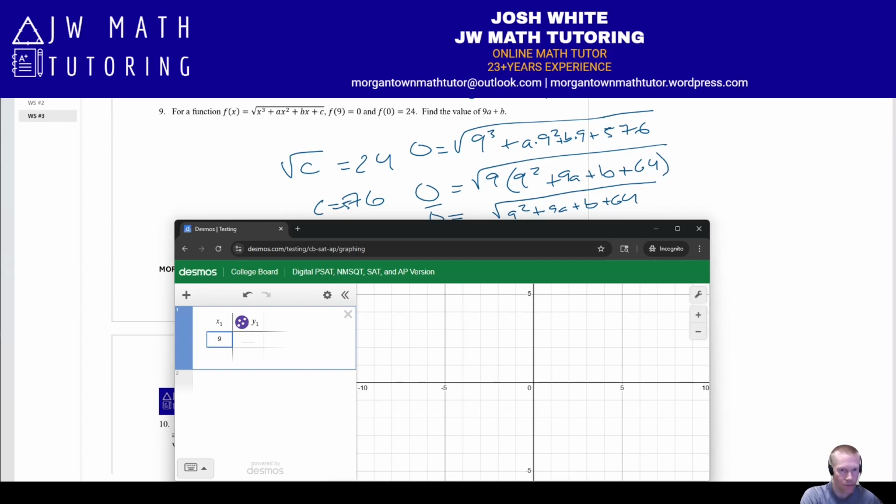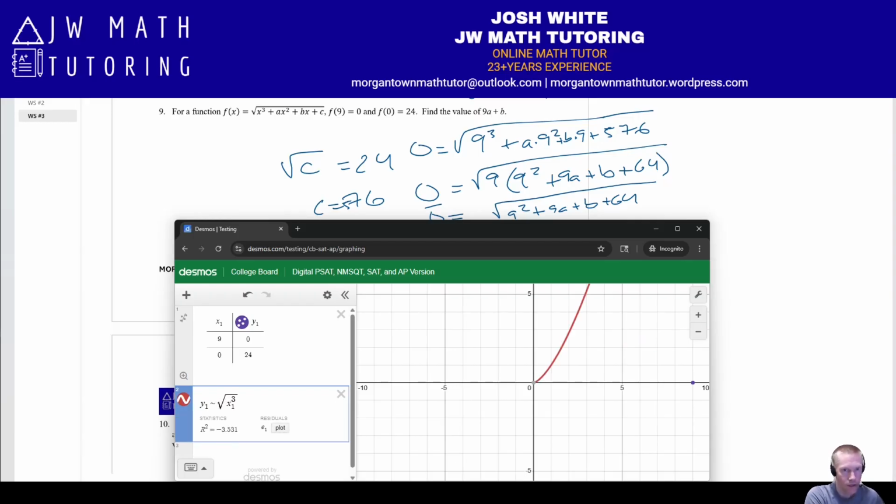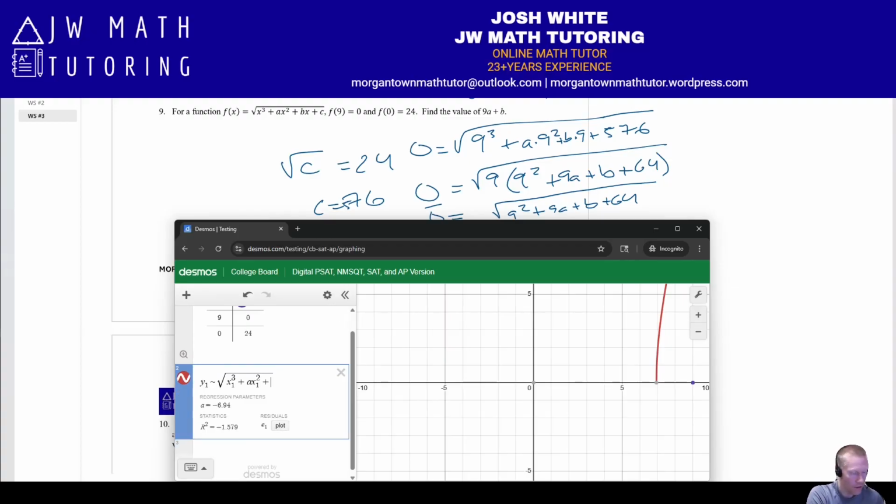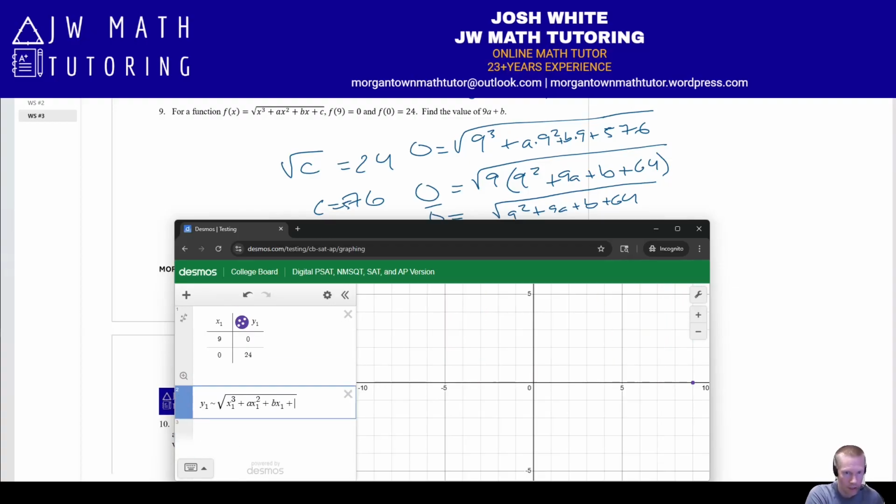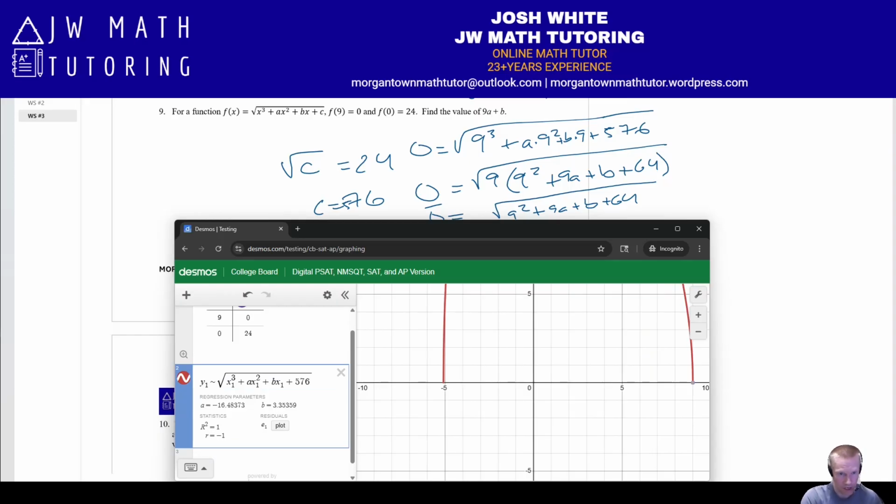I'm going to type in our 2 points to a table. Then I'm going to do a regression, plus ax1 squared plus bx1. It's only going to work if I replace C with what I know it's equal to, which is 576.